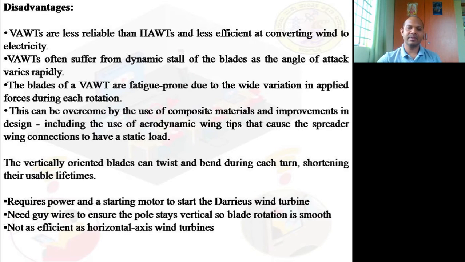Guide wires are always required. Actually, in the previous class, I showed the guide wires connected to the blades in order to avoid them getting deformed, and they have to be interconnected. There should be a smooth blade rotation. So that is the major disadvantage of this.